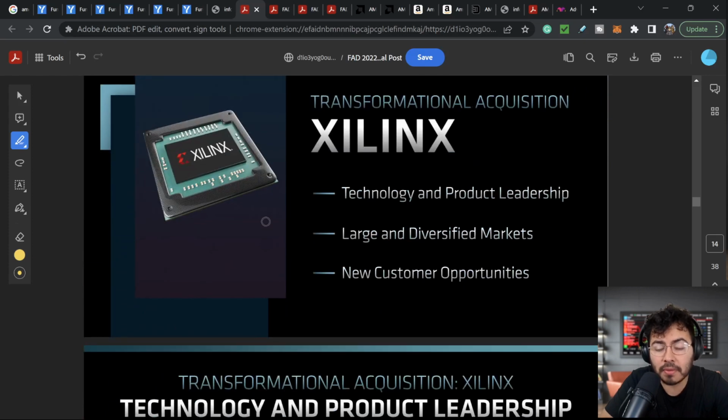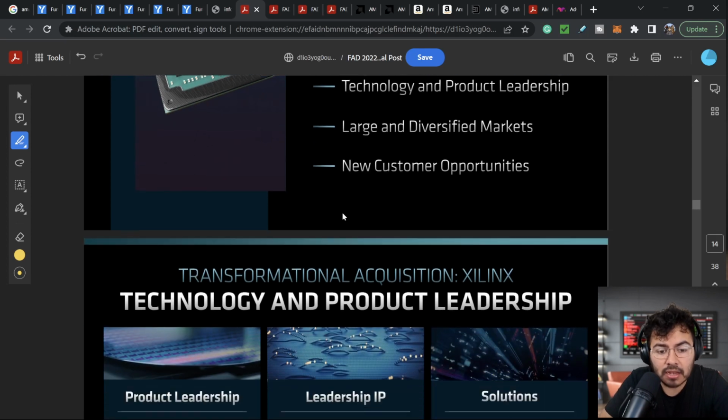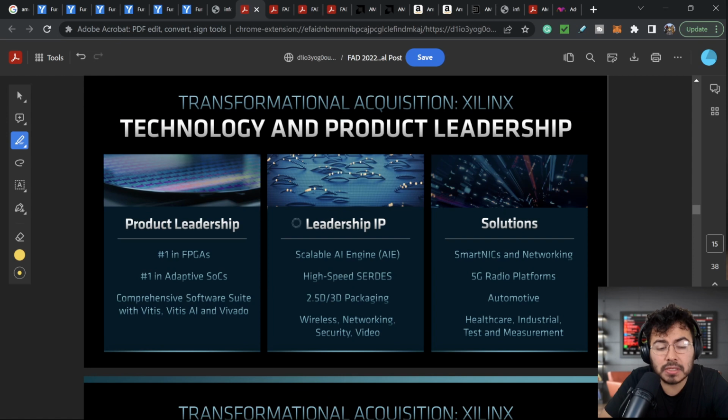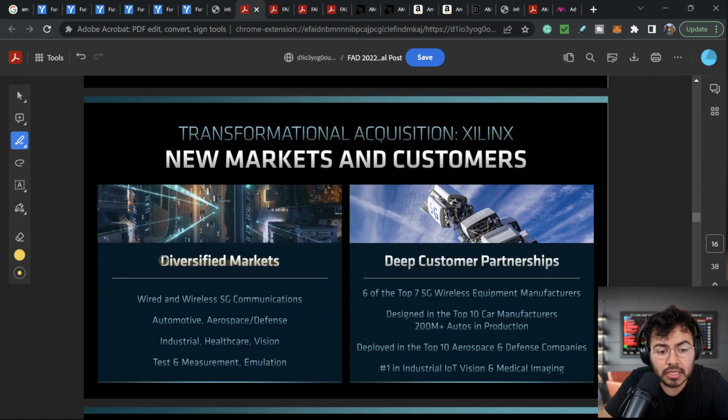Like I mentioned, the company did a few acquisitions recently. One of my favorite acquisitions was the Xilinx acquisition. This Xilinx acquisition gave them new opportunities because Xilinx is a leader in FPGAs. It brought them into new areas, where prior AMD was only focused on data center and maybe just consumer goods. Now with Xilinx, they're hitting diversified markets like wired and wireless 5G communications.